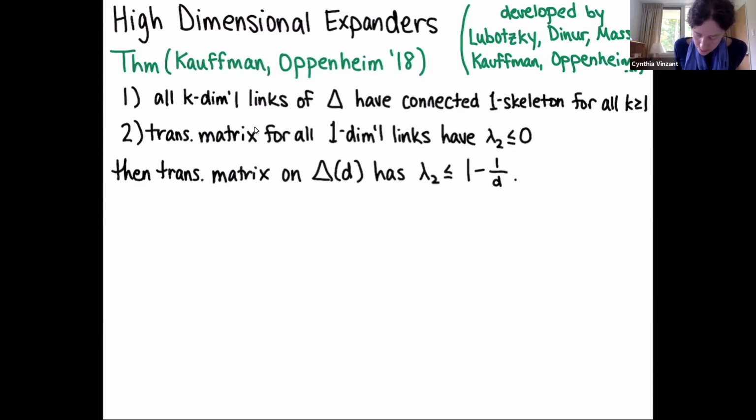The theorem that ends up being very closely tied with this theory is that if you have a weighted simplicial complex with some combinatorial property, namely all of the k-dimensional links have a connected one skeleton, so some graphs are connected, and all of the transition matrices you'd get for certain walks on the one-dimensional links have second eigenvalue at most 0.